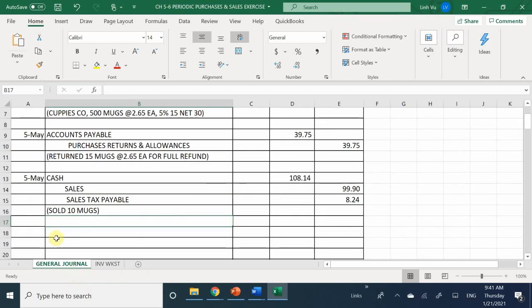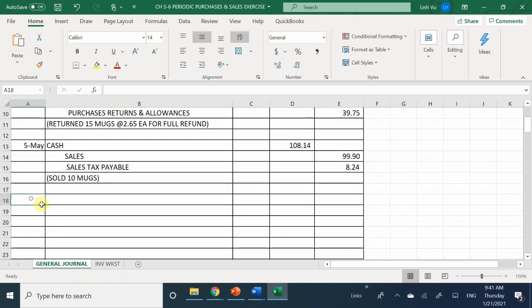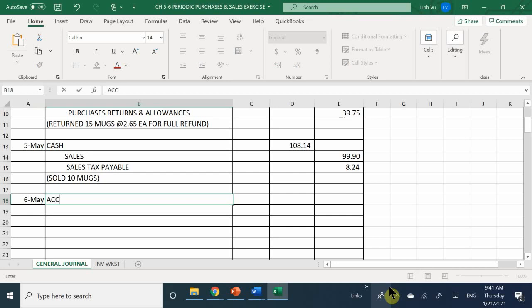Accounts receivable, because who owes us the money? The customer owes us the money. We did not receive cash for this transaction.